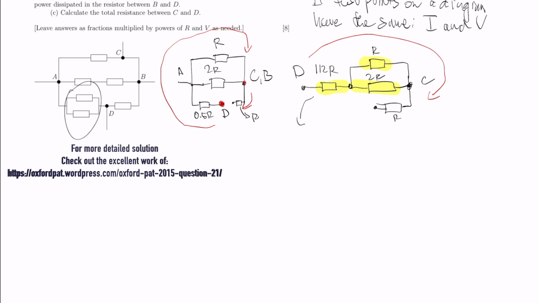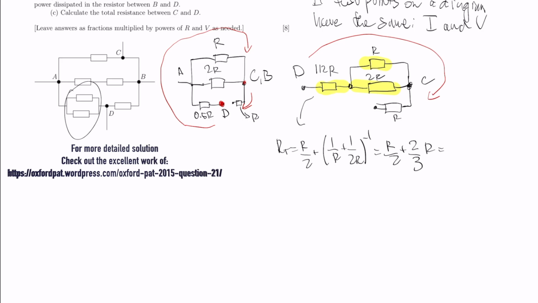So for the highlighted bits, the total resistance will be given by R over 2 plus 1 over R plus 1 over 2R, all raised to a power of -1. Let me write this down so I'll show you where it comes from. Well, this here will just give me R over 2 plus 2/3 R. We've already calculated that.